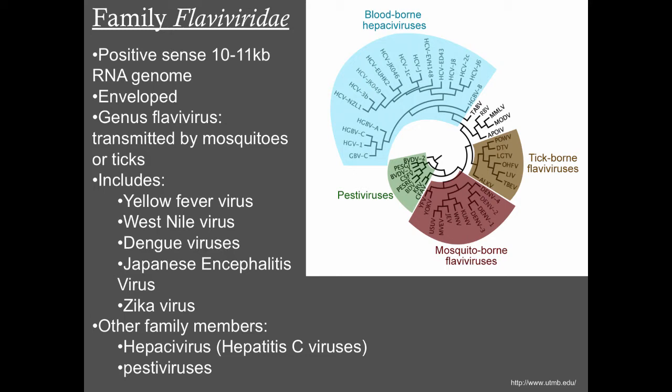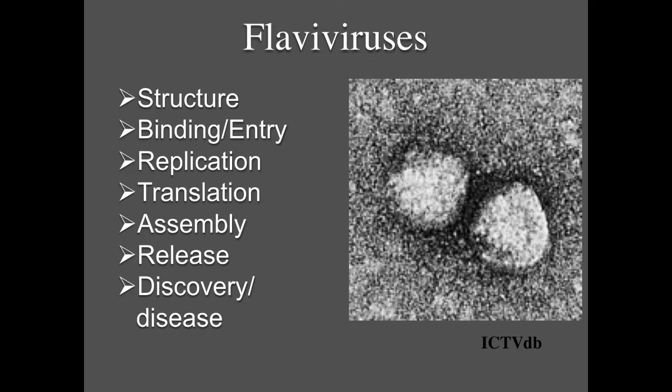Next. Okay, so the basic outline of the lecture, we'll start with the virus itself, the structure, the mechanism of the life cycle going through binding and entry, replication, translation, and making of progeny viruses and release.